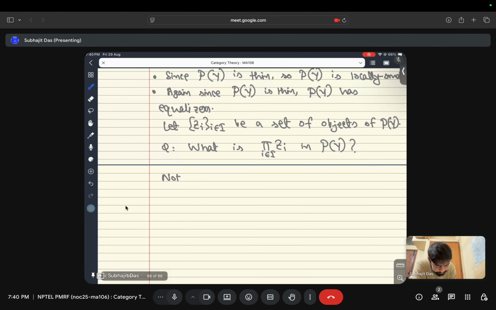Note that the product ∏ Zi, i in I, is characterized by the universal property. Or let's write it like this: it is the universal solution to the problem.